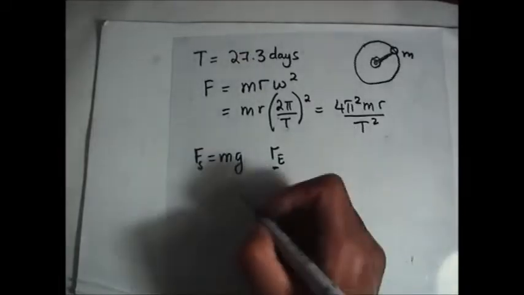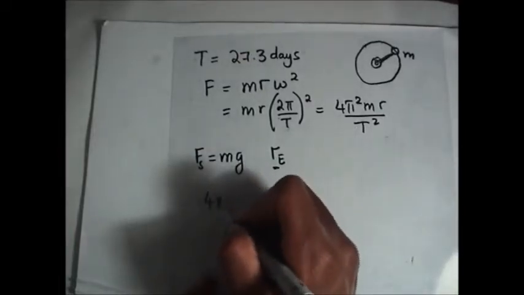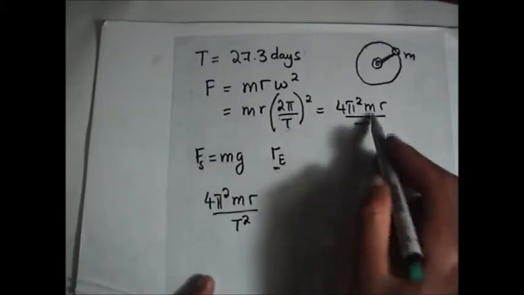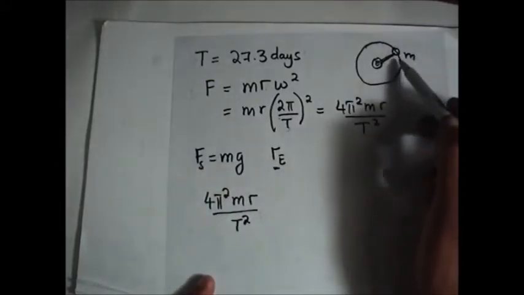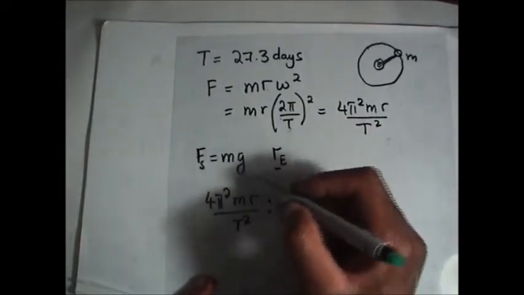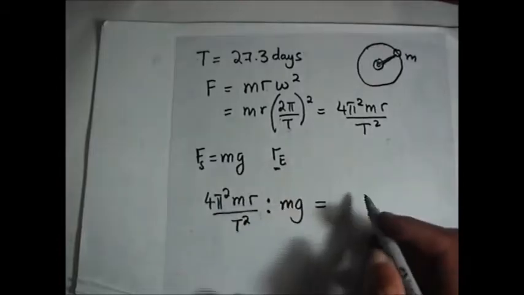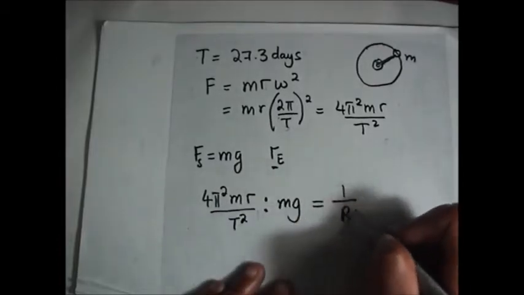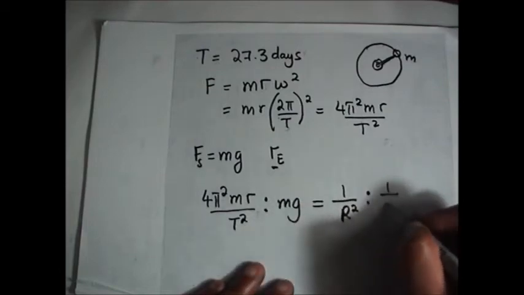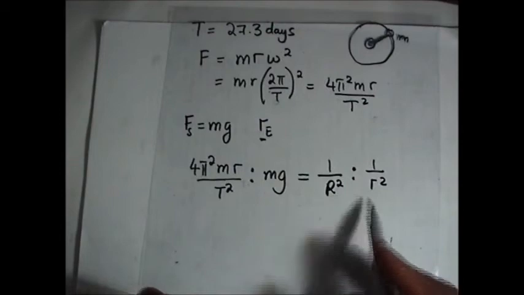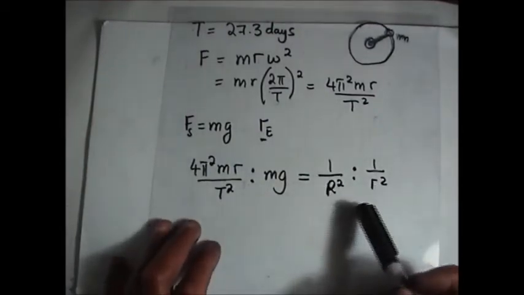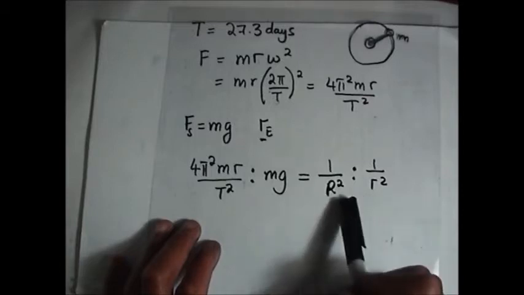So in that case, he said, for getting a ratio like this, 4 pi squared r over t squared, the force where the object is, to mg, the force at the Earth's surface, this ratio should also be equal to the ratio of the radii, if his inverse square law holds.